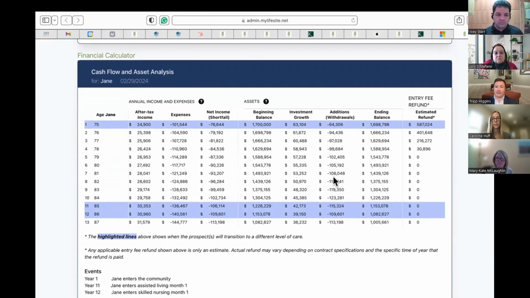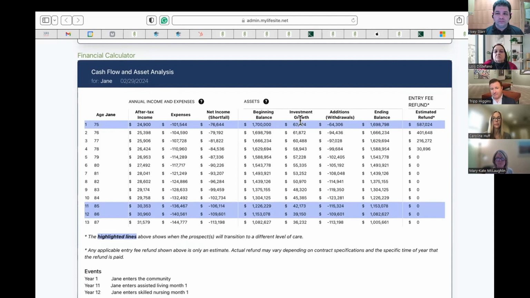Finally, we look at a great cash flow statement that shows your Social Security income connected to the expenses of that unit. Maybe looking at your net income shortfall, of which most people live with a net income shortfall. Social Security doesn't cover all their expenses, so they do rely on their investments to pick that up.